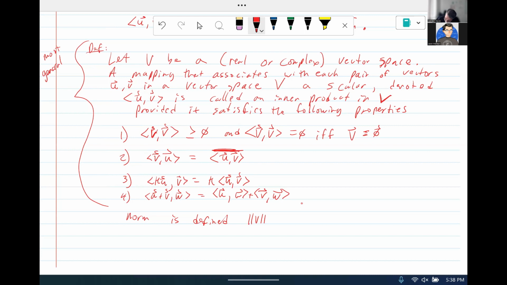Norm of V is equal to the square root of V inner product with V. So it would be V basically dotted with its conjugate. Okay.